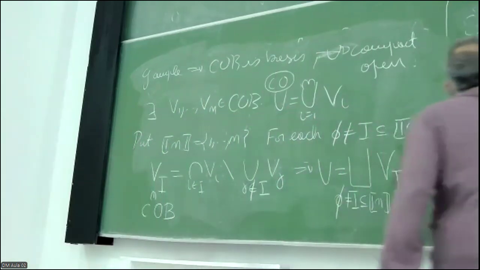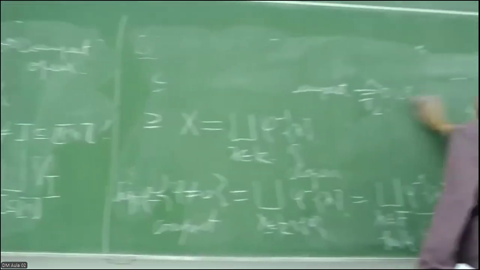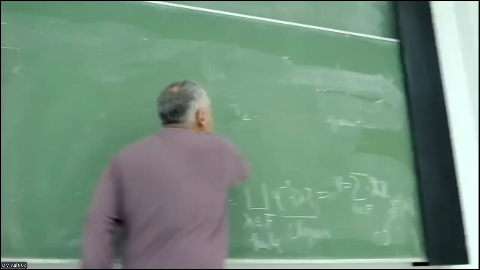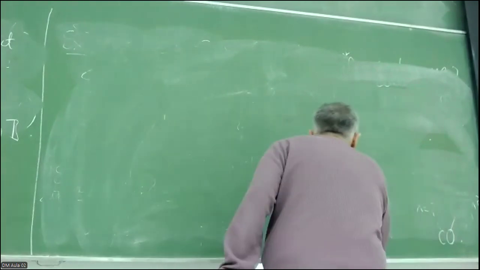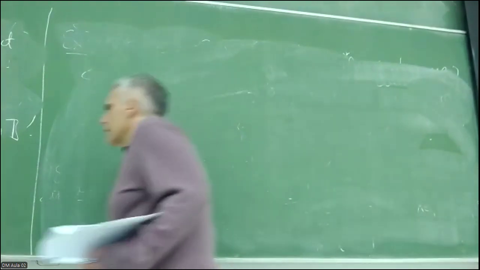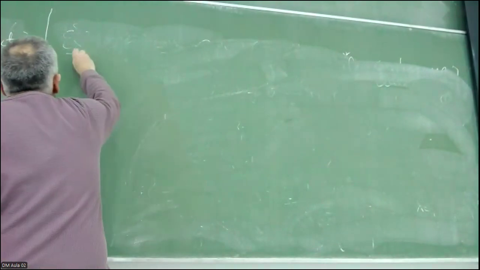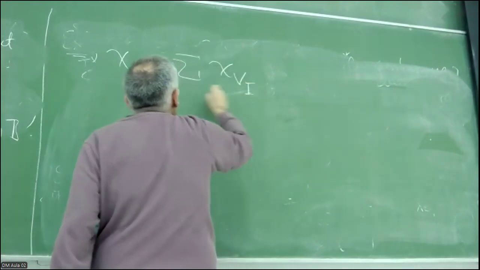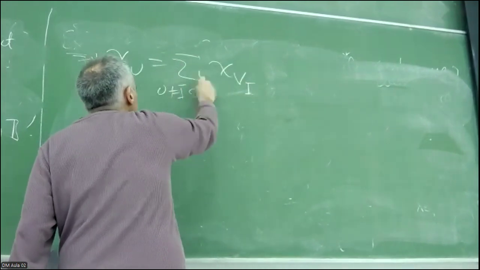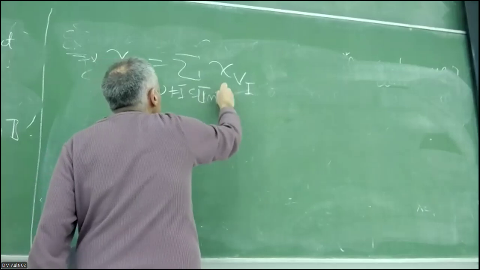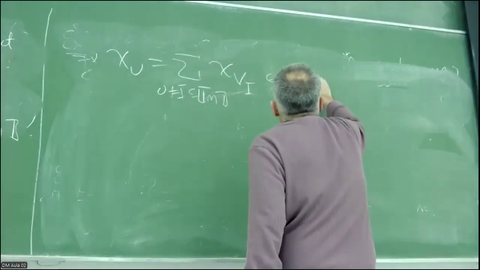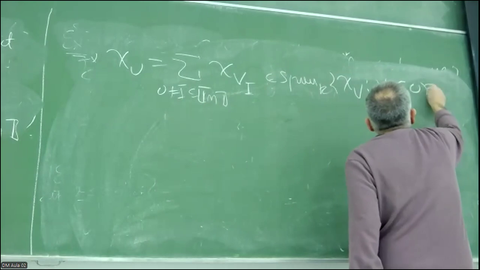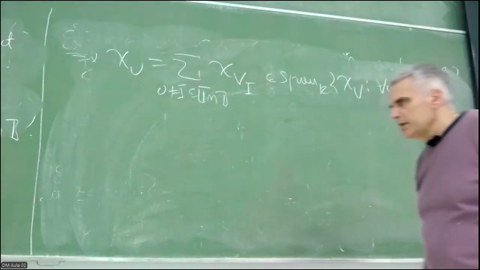This means that the characteristic function of U is the sum of the characteristic functions of the VIs. And this is in the span K of the characteristic functions of the compact open bisections.